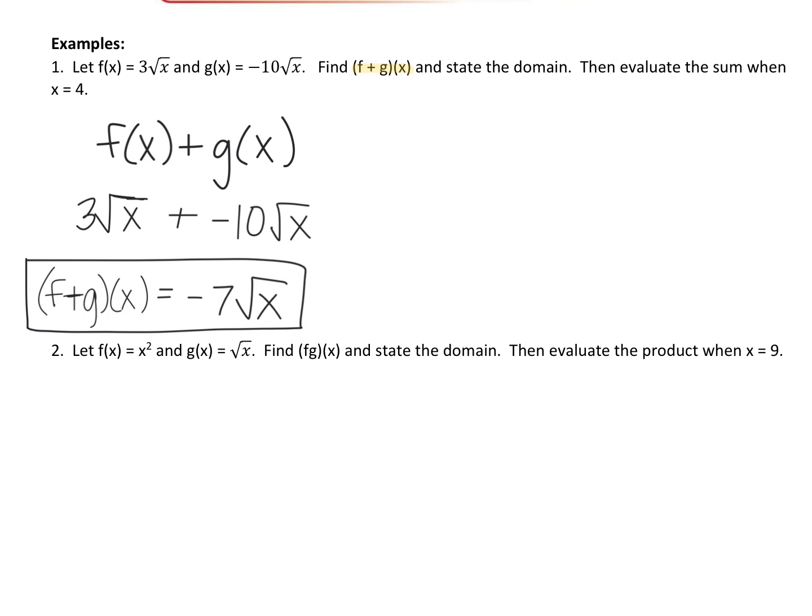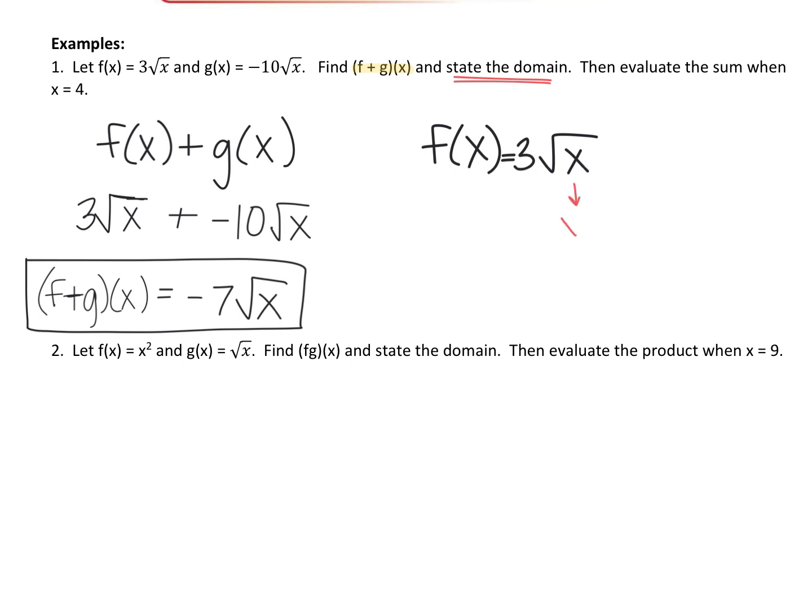The second part of this problem is to state the domain. Because we want the domain of f plus g, we look at f and g separately, and we take the one that's most restrictive. So f of x is, we know, 3 root x. If you remember from the section we just did, 6.2, to find the domain of a root, you take what's inside and make it greater than or equal to 0, because we don't want this to be negative.